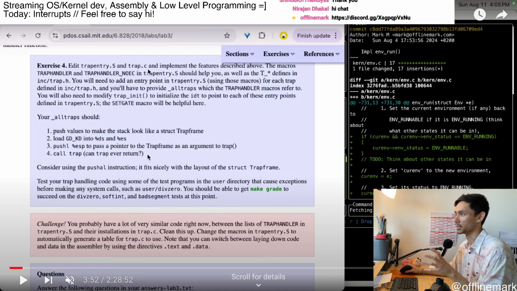The assignment is to implement support for interrupts, to be able to run a user program that does a division by 0, and then have the operating system's interrupt and exception handling infrastructure activate and handle that exception, where previously it would just trigger boot loops because there was no interrupt handling infrastructure at all.